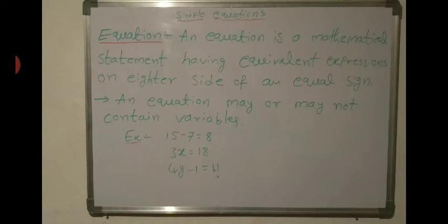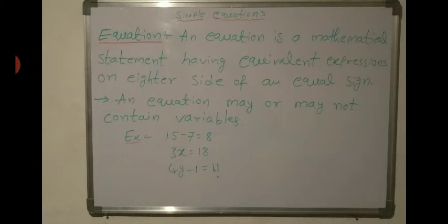That is nothing but LHS, left hand side, and RHS, right hand side, on either side of the equal to symbol. If LHS and RHS are equal, we call it an equation.